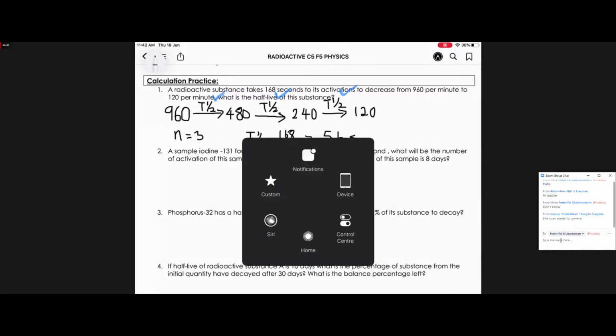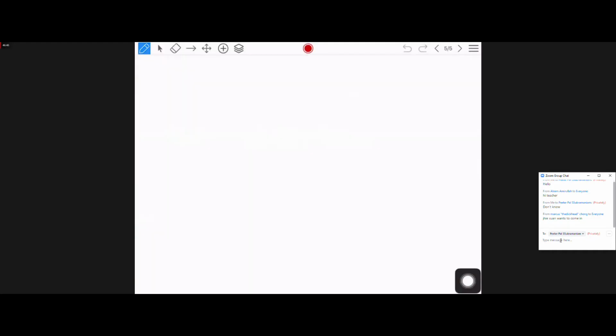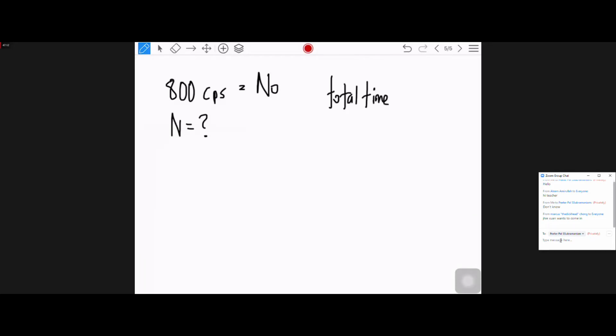Okay, let's see. First, we have the initial count, 800 counts per second. We have to find the remaining balance. We know the total time formula: total time is always equal to the number of half-lives times the half-life time.